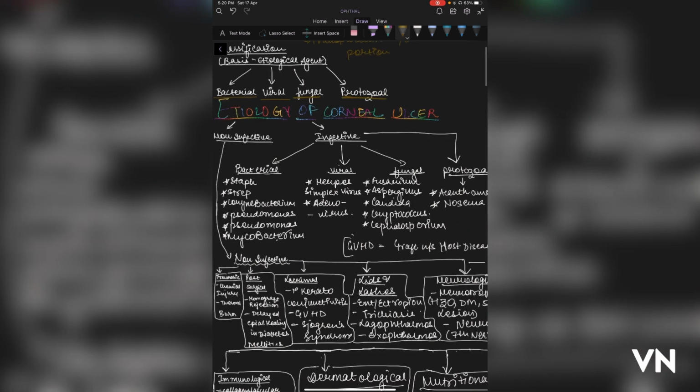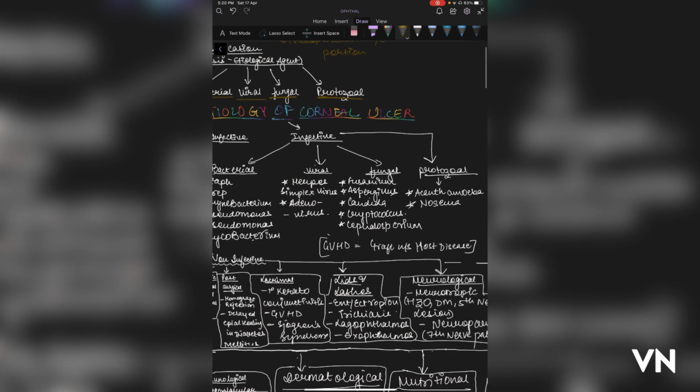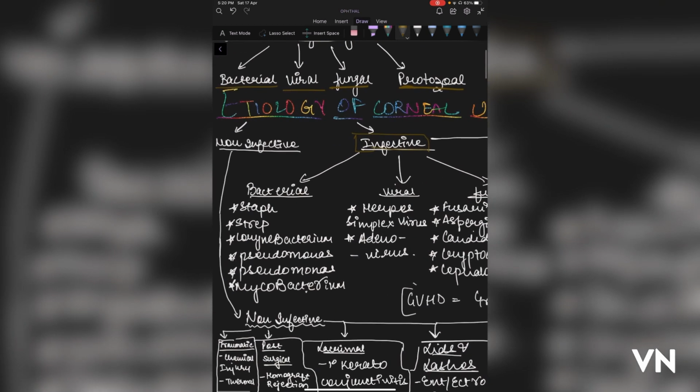Now, on the basis of etiology, the two broad classifications are infective, that is due to some infectious cause like bacterial, viral, fungal, and protozoal, and the other one is non-infective causes, that is not relating to the pathogens or the microbes.